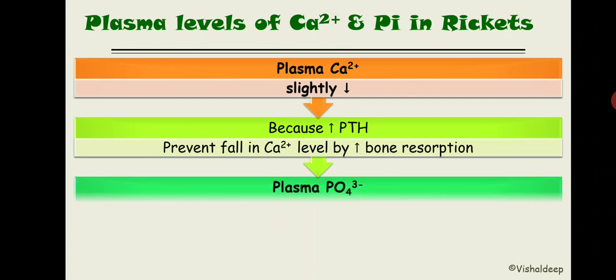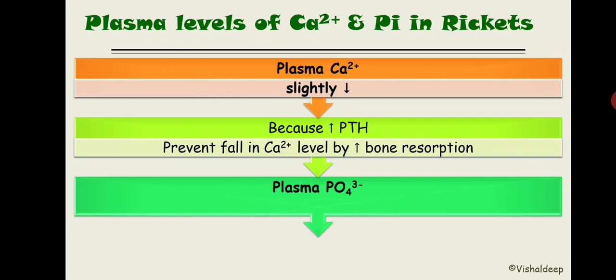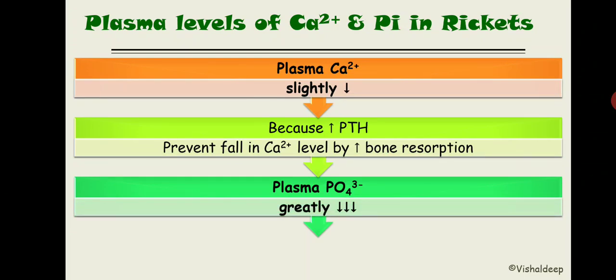Now what happens to the phosphate level? The phosphate level, on the other hand, will greatly decrease. Why? Because of the increase in parathyroid hormone, which, as I told you earlier, increases bone resorption. Once the parathyroid hormone increases bone resorption, it releases calcium and phosphate both into the circulation, but calcium will be reabsorbed and phosphate will be excreted.